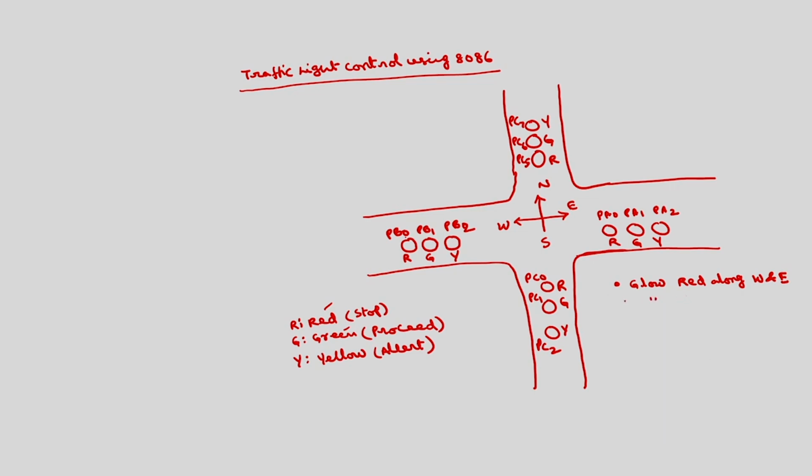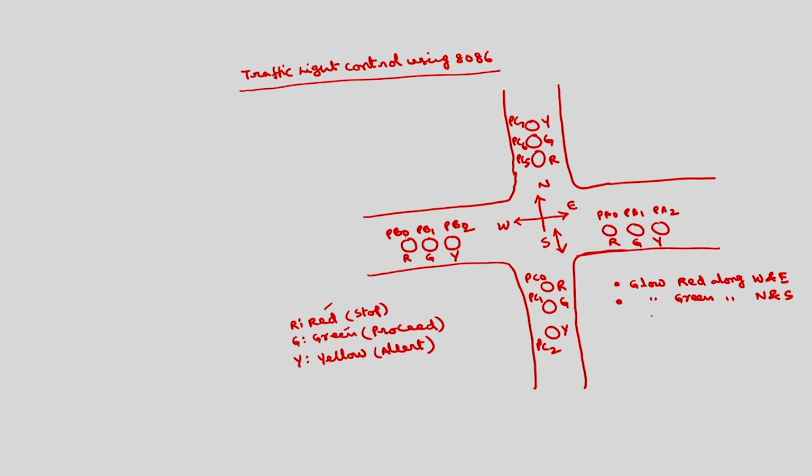Glow green along north and south. Now the vehicles can move in these directions. Okay. So, the other direction, from west to east or east to west, will be stopped.